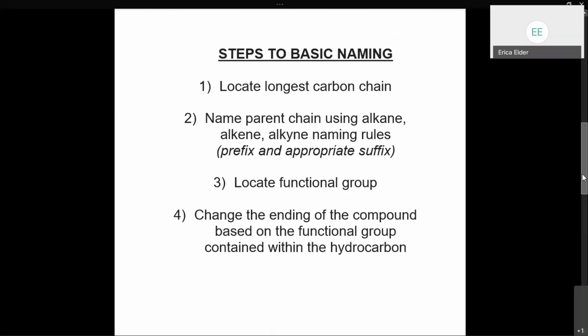So that's where we would omit the E and replace it with our appropriate suffix from the chart above. Okay? So go ahead, take a moment, write those down. You can pause this, take a snapshot on your phone, whatever the case may be, and let's see what is contained at the bottom of this page.